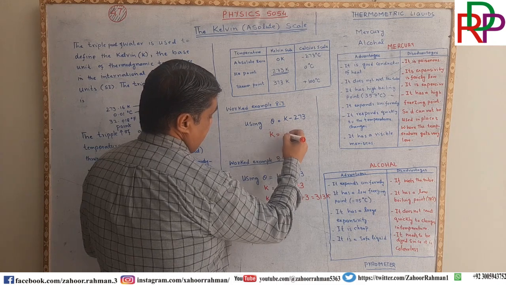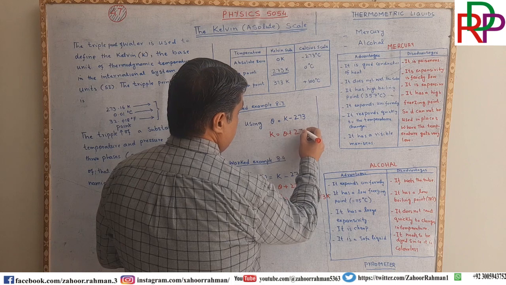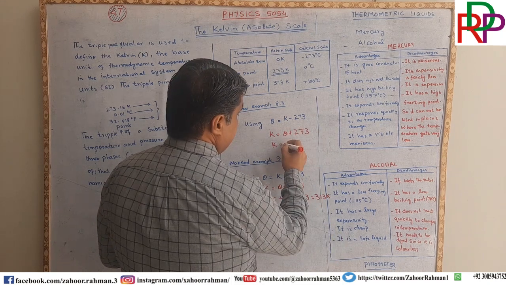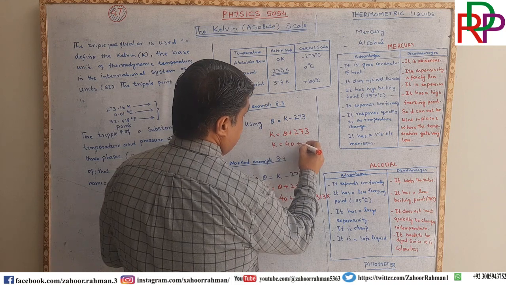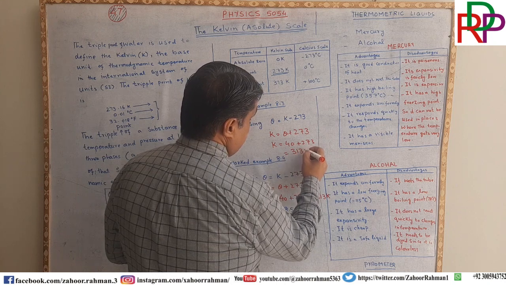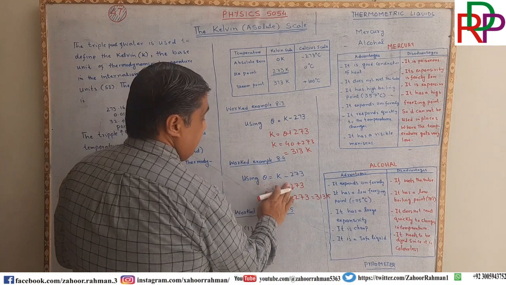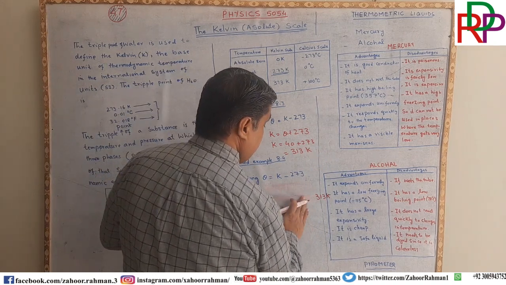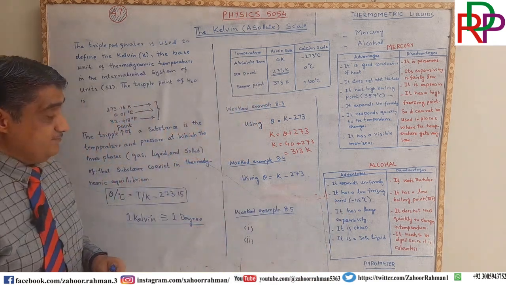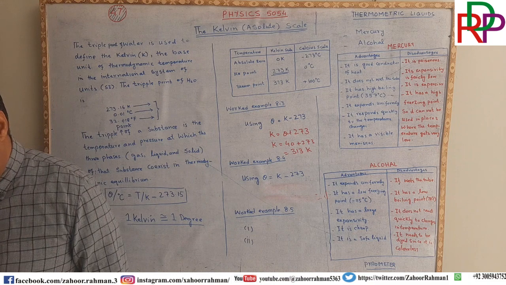K is equal to theta plus 273, and K is equal to 40 plus 273, which is equal to 313 Kelvin.